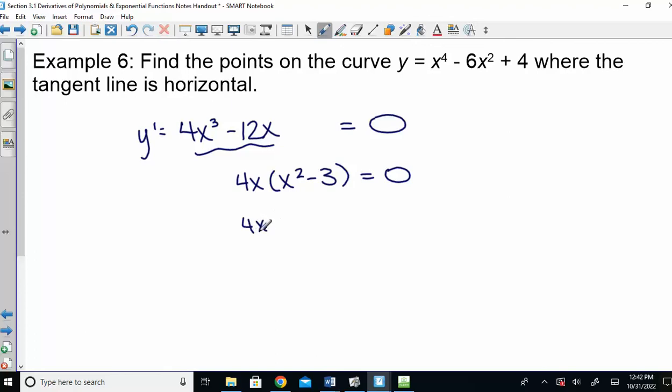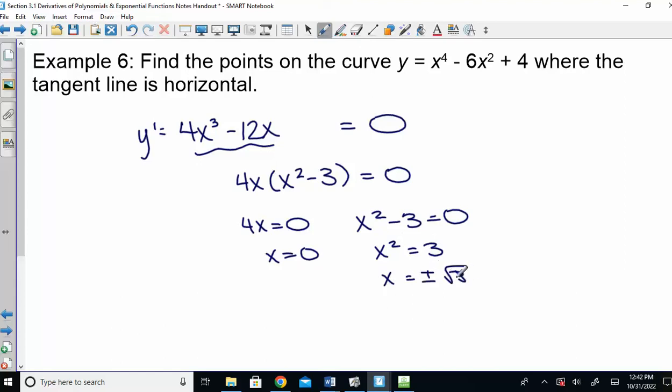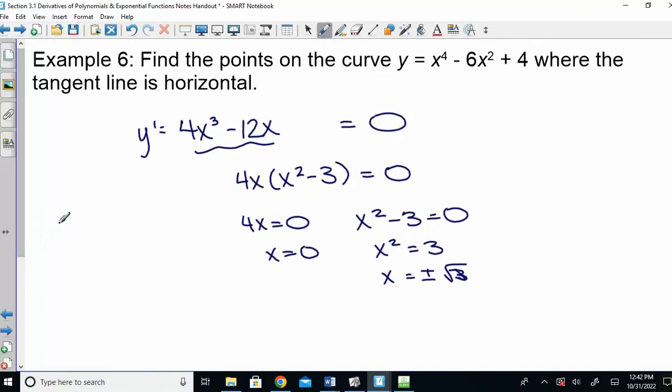So if you set everything equal to 0, x equals 0 and plus and minus the square root of 3. Could you give me ordered pairs if I wanted them? These are the x's.